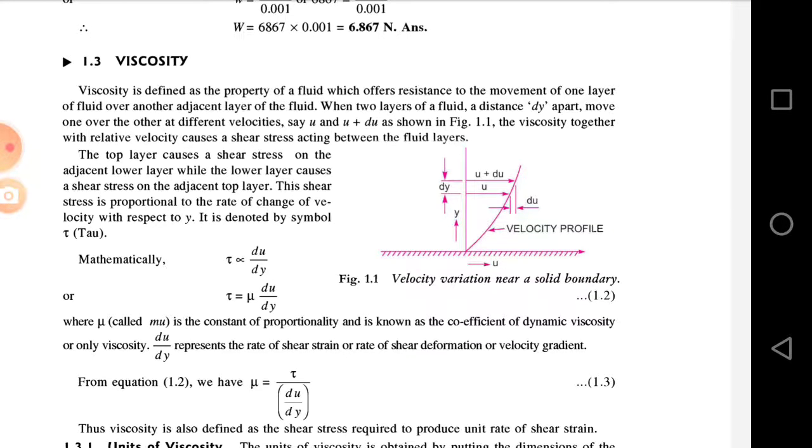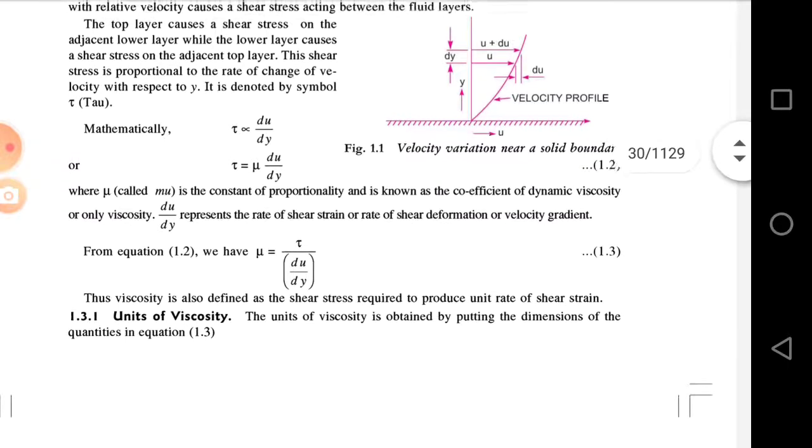Next property is viscosity. Viscosity is defined as the property of a fluid which offers resistance to the movement of one layer of fluid over another adjacent layer of the fluid. When two layers of a fluid, distance dy apart, move one over the other at different velocities, u and u plus du, as shown in the figure, the viscosity together with the relative velocity causes a shear stress acting between the fluid layers.